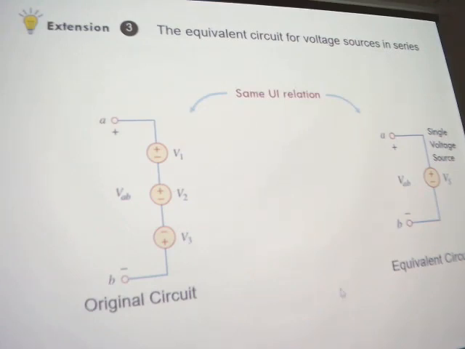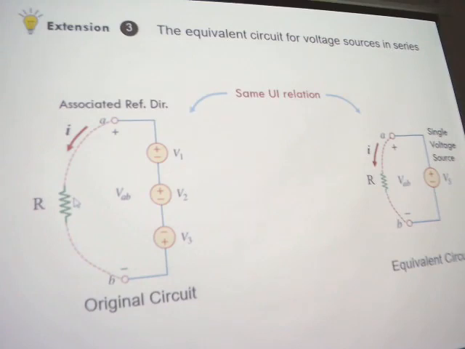And we say if those two circuits are equivalent, they must have the same UI relation on the port A, B. And for port A and B, if we connect R on the circuit like this one, and we can say if the I is the same and VAB is the same, those two circuits are equivalent.